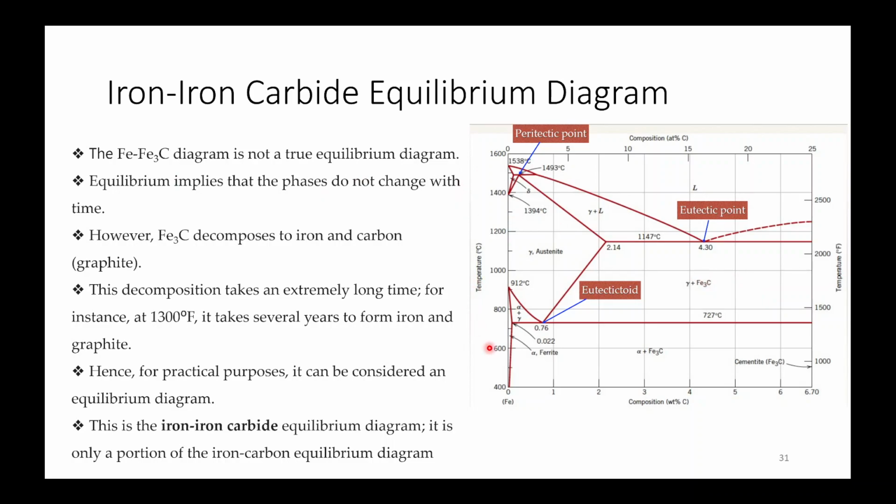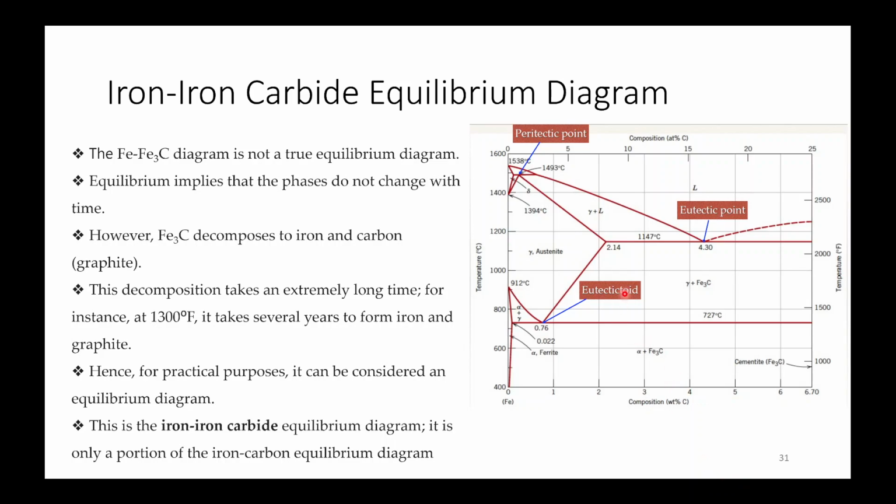Now this is your phase diagram. These are various reactions that take place. First is the eutectoid reaction, other is the eutectic point, other is the peritectic point. Now the Fe3C diagram is not a true equilibrium diagram. Equilibrium implies that phases do not change with time.